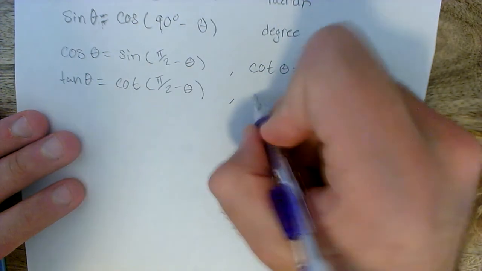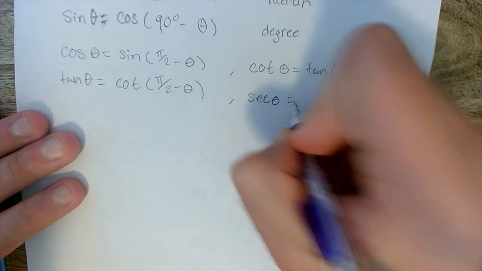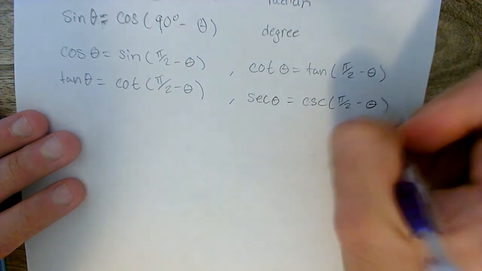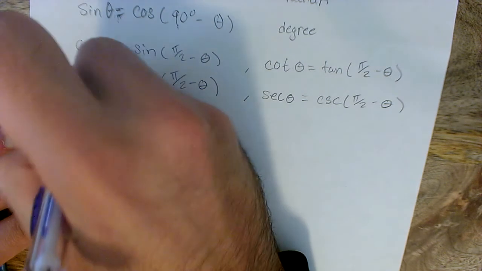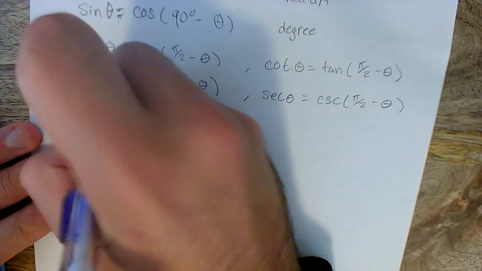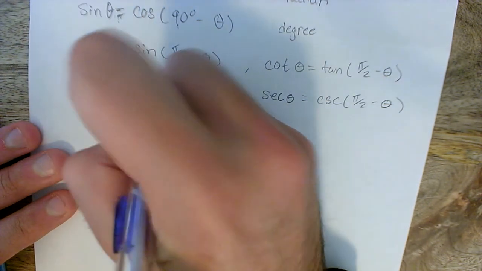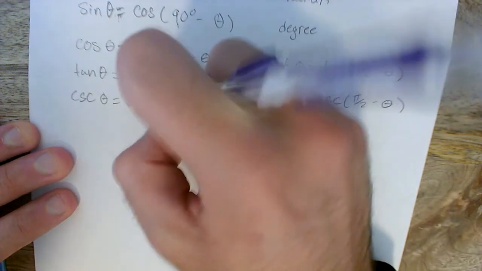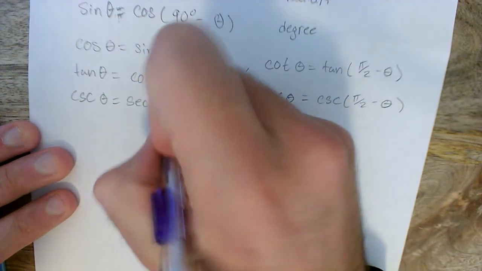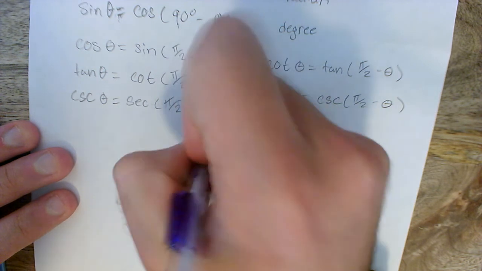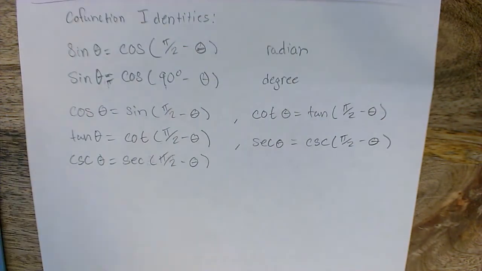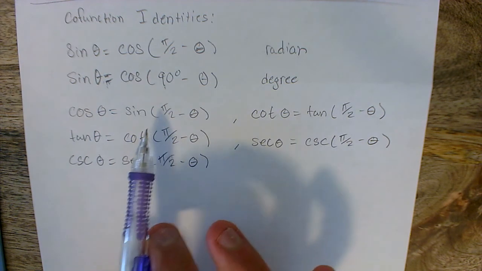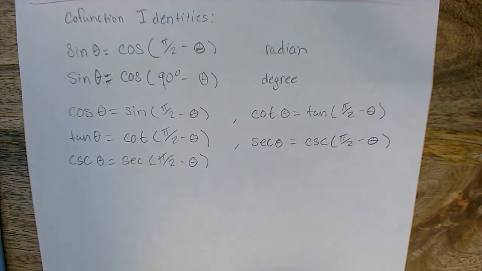And the secant of theta is equal to the cosecant of pi over 2 minus theta. And finally, the cosecant of theta is equal to the secant of pi over 2 minus theta. So we have these following relationships. These are all in radians. If you want degrees, pi over 2 radians is 90 degrees.